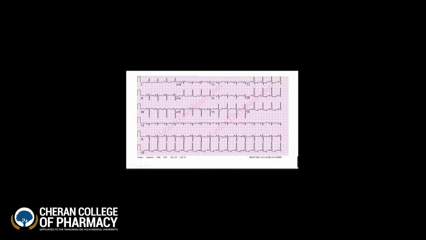Done. Here I don't need you to count the heart rate, as you might already be getting the answer. Coming up next is the P wave. Is there any abnormality seen in the P wave?